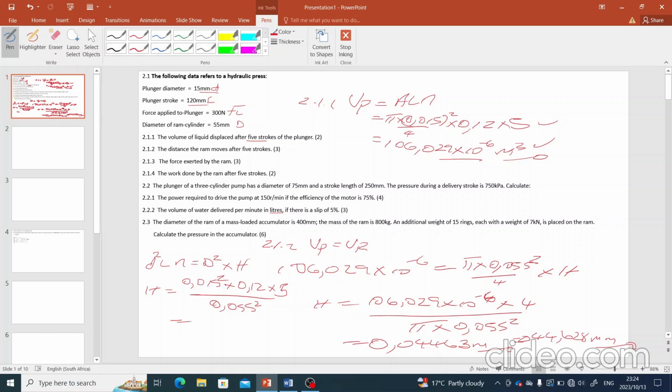It should be the same answer whether you use diameters or areas: 0.044628 meters. This is how you were supposed to have tackled question 2.1.2.